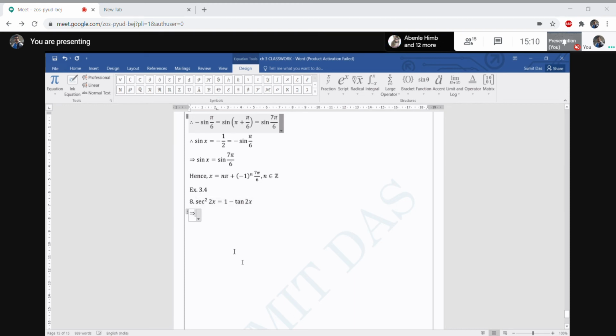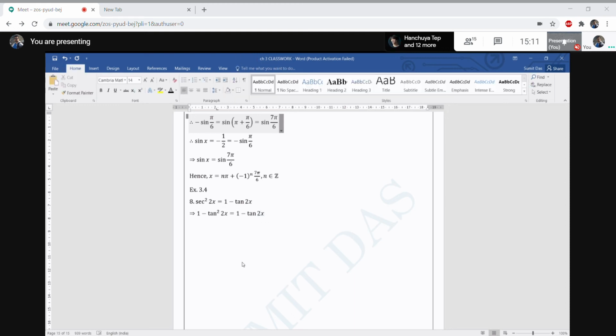Sec square equal to, we know that 1 minus tan square 2x, which is equal to 1 minus tan 2x. Okay, next we have to construct the quadratic equation.